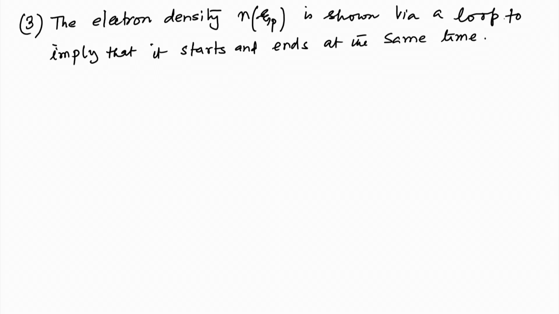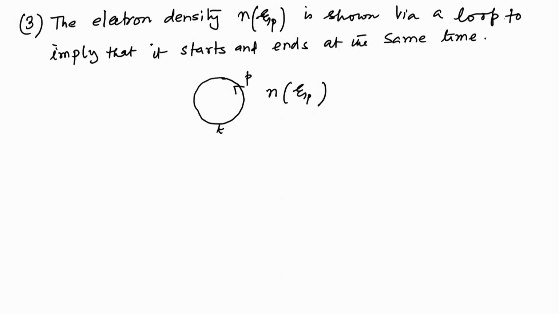So, we show it by an arrow like this. So, this is p and this is time, it starts from time t and comes back to the same time, and this is written as psi p. This is what we were writing earlier.